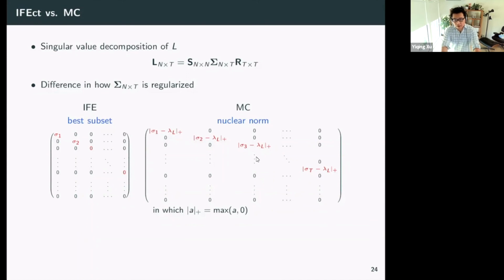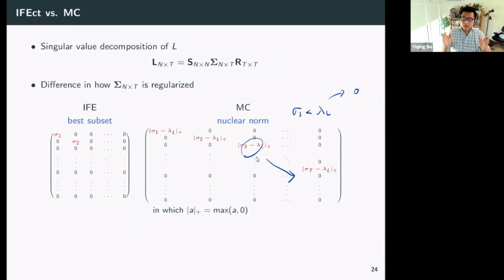So if sigma 3 is smaller than lambda L, this term will become 0, and essentially this principal component is ignored. And then, of course, all the rest of the principal components will be ignored. Only for those whose eigenvalues are bigger than the tuning parameter, they will remain.